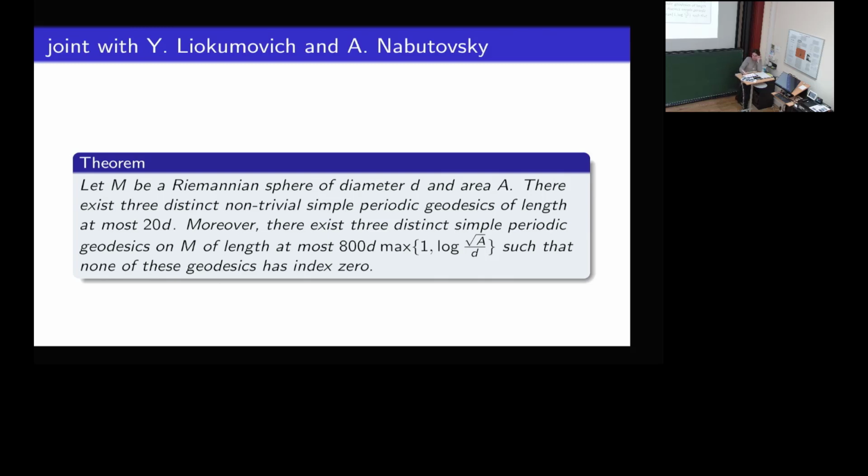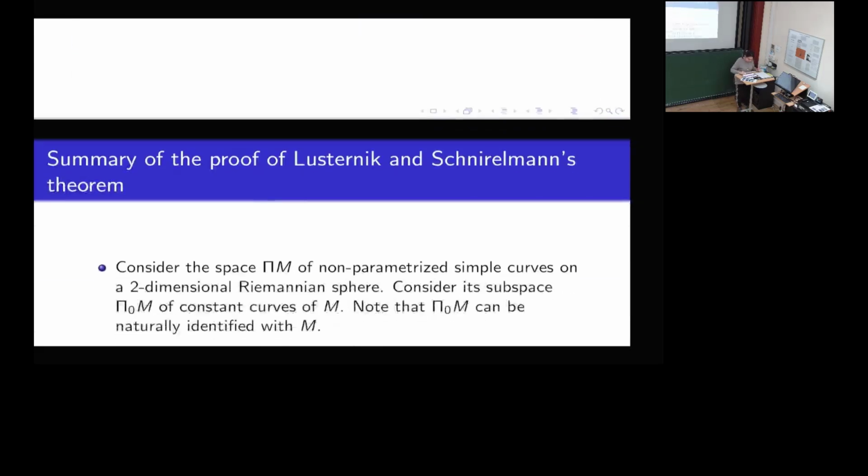The picture does not look something like this. If we say we don't want this, then we have this bound in terms of diameter and area, which comes out from the paper about contracting the boundary of the disk. This is the result that I like and that we use all the time.